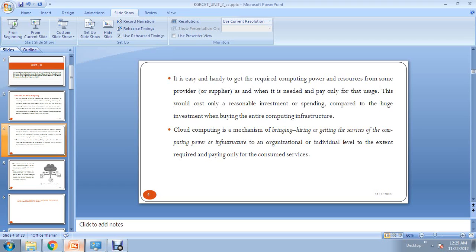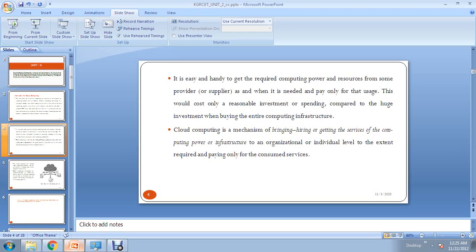Another issue is that it is very easy and handy to get the required computing power and resources from the service providers or suppliers. The persons providing the services are called suppliers. You pay only for what you use. For example, nowadays storage is a major issue.